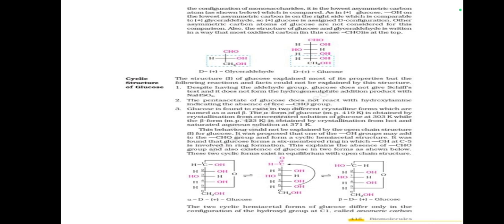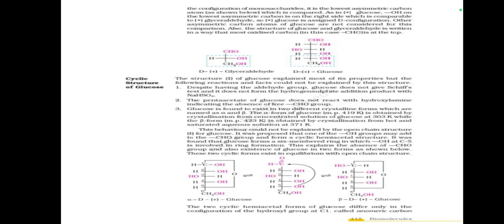Despite having the aldehyde group, glucose does not give Schiff's test, and it does not form the hydrogen sulfite addition product with NaHSO3. The pentaacetate of glucose does not react with hydroxylamine, indicating the absence of a CHO group.